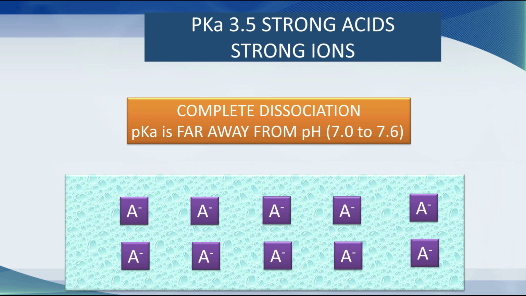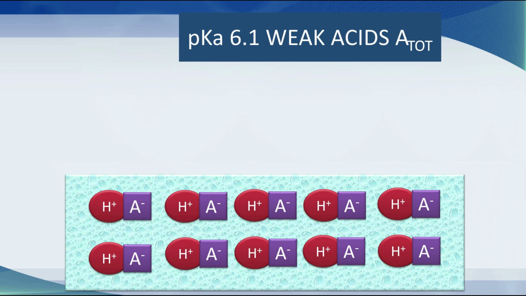Not all acids and bases are fully dissociated. If the pKa is close to the range of physiologic pH, in this case it's 6.1, we call this a weak acid. It's a weak acid because the pKa is below 7. It's a weak base if it's higher than that. In this situation, not all of the acid is dissociated. So what you have here is partially dissociated acid.